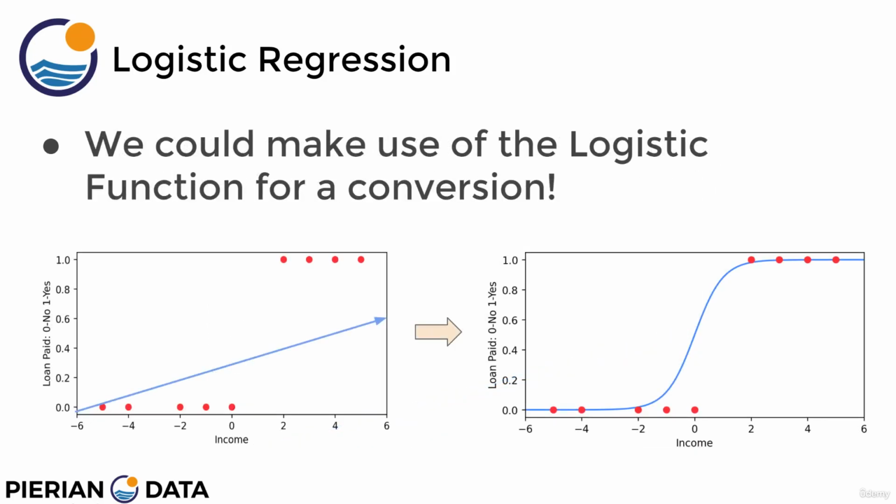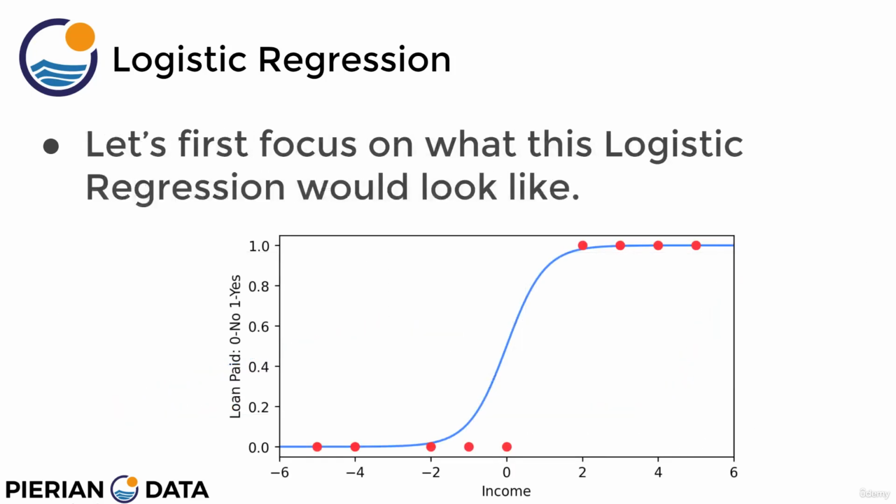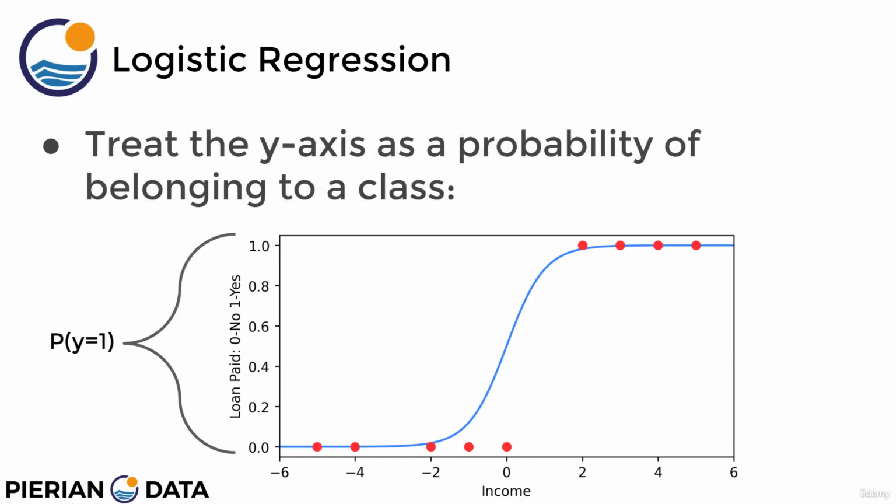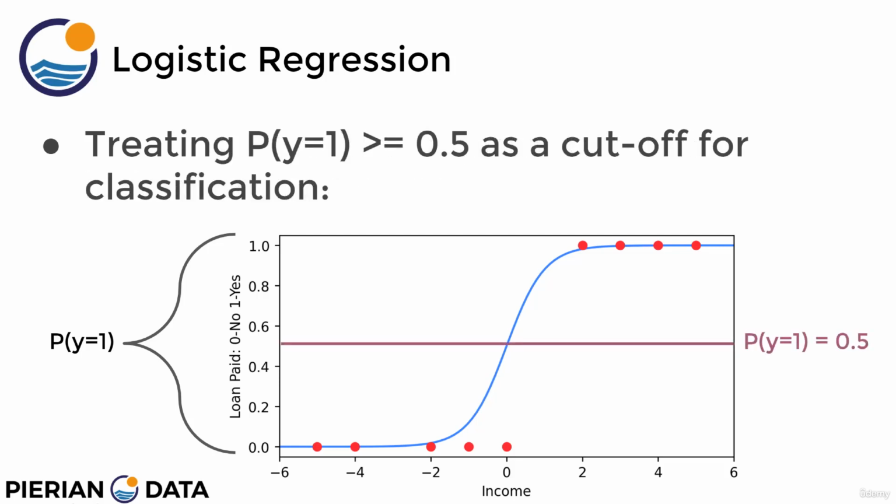What we could do, however, is make use of the logistic function we talked about in the previous lecture to perform some sort of conversion, to go from this linear regression fit to a logistic regression fit. So let's first focus on what this logistic regression would look like. What we're going to end up doing is we'll treat the y-axis as a probability of belonging to a class. And then we'll treat 0.5 as the cutoff point.